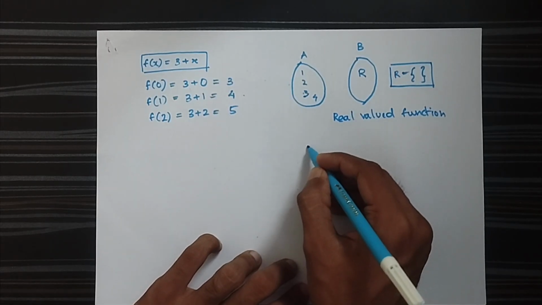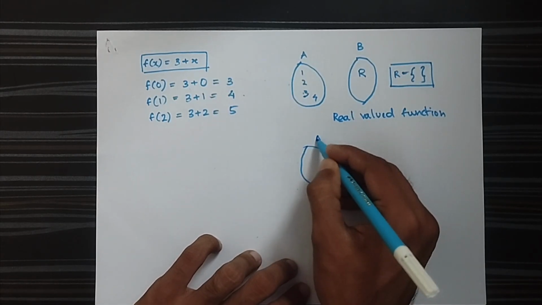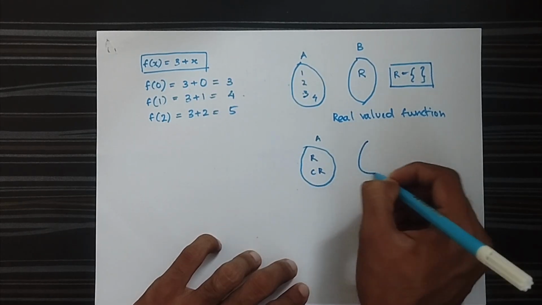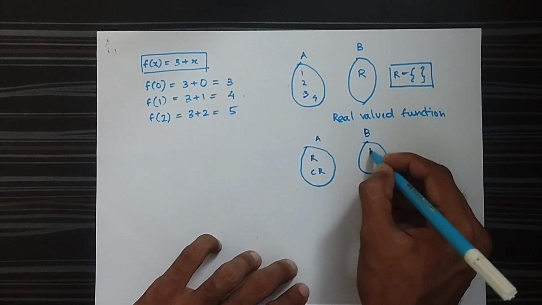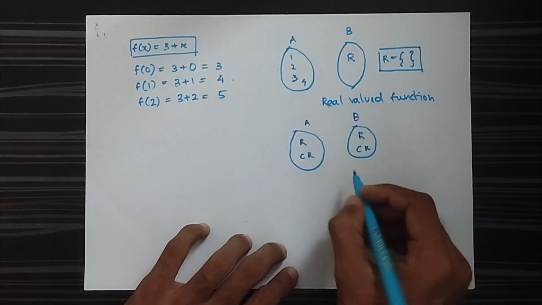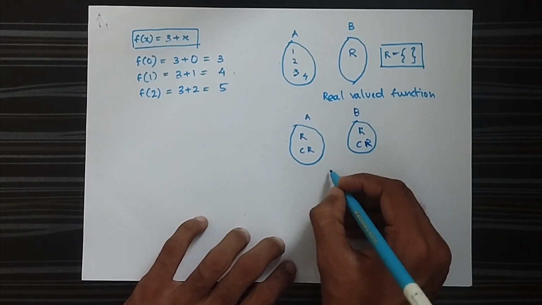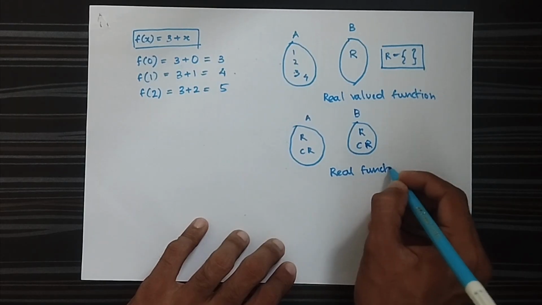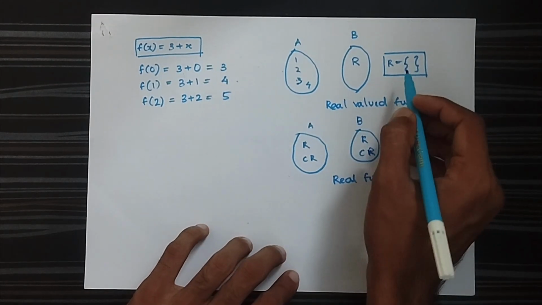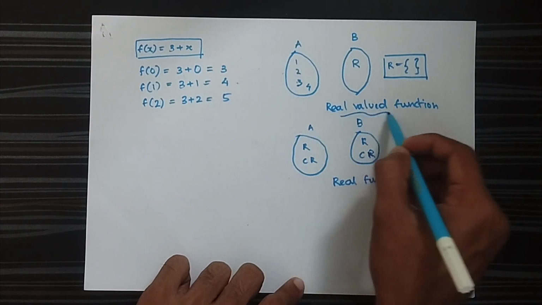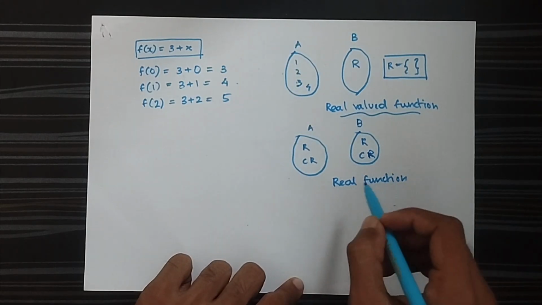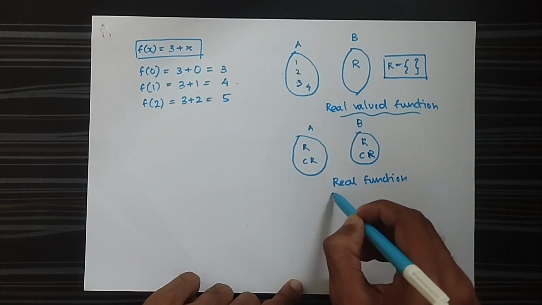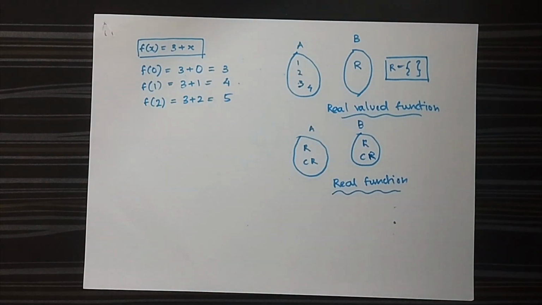And a function where A is also R or a subset of R and B is R or a subset of R, this is called a real function. So if the range is R or a subset of R, it is called a real valued function, and if both A and B, domain and codomain, are real numbers, then we can call it a real function.